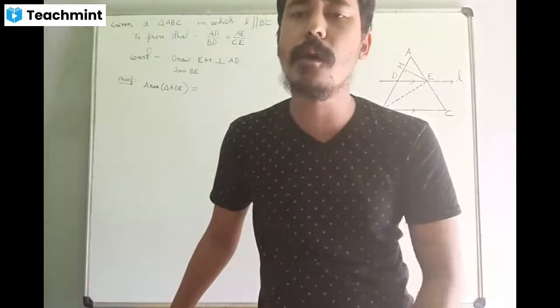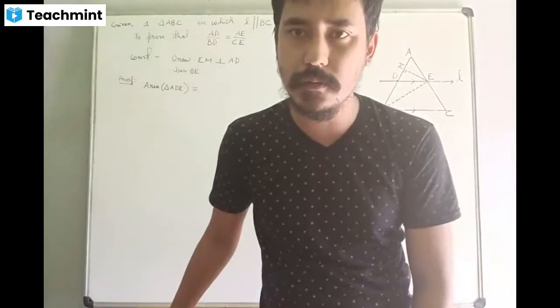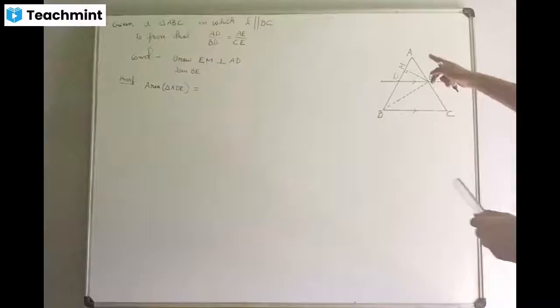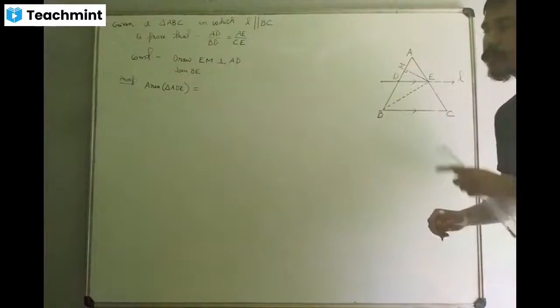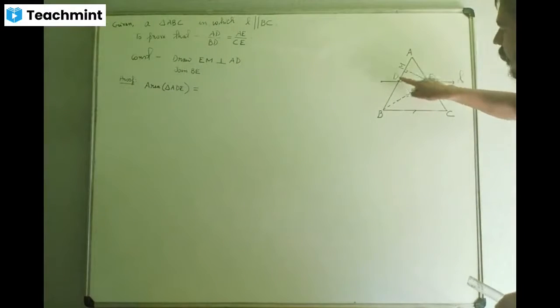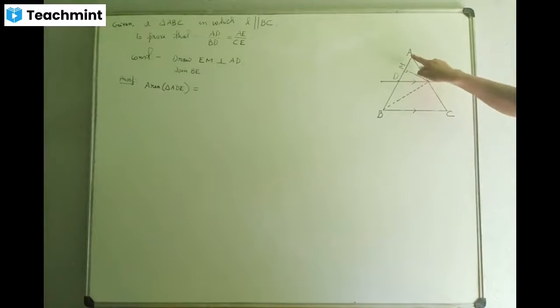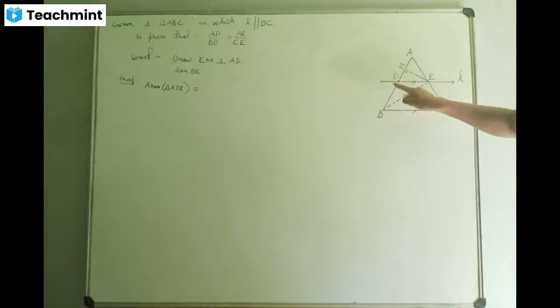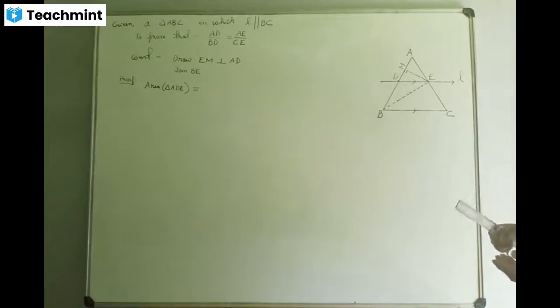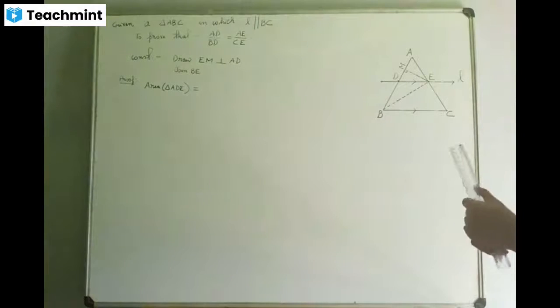So in this triangle ADE, if I choose AD as the base, then we see a line that is perpendicular to AD, right?